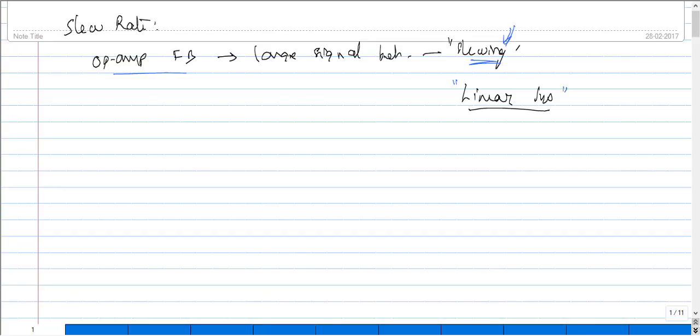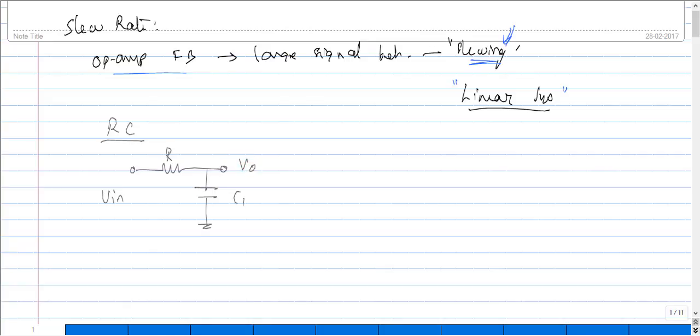As I said, let me go with a simple RC network because it's a linear system. I just take a simple linear system where only passive components are used, and there won't be any slewing in this circuit. Let us assume that the input is specified as Vin and the output as Vo.